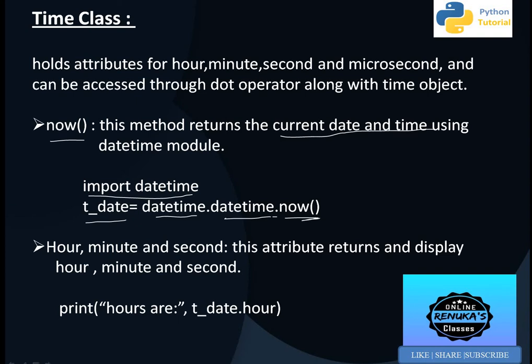If we are using only the time module, then it will print only the time, hours, minutes and seconds. You can separately print the attributes hour, minute, second with the help of the object, like t_date.hour. It will only print the hour. Suppose the time is 7:30 p.m., it will only print 7. This is how you can print the components of time.